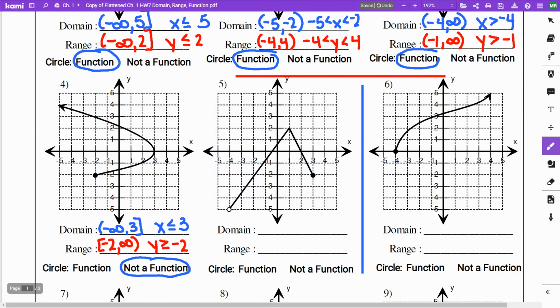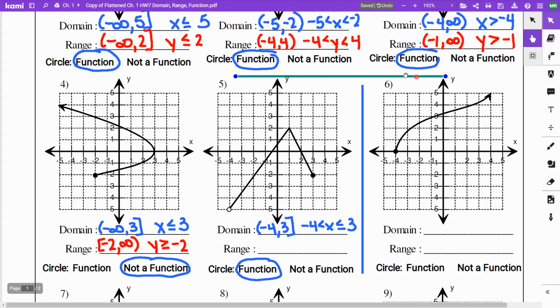So I am going to write that as open bracket -4 to 3 close bracket. As an inequality, it would be -4 less than x less than or equal to 3. And this one we saw was a function.